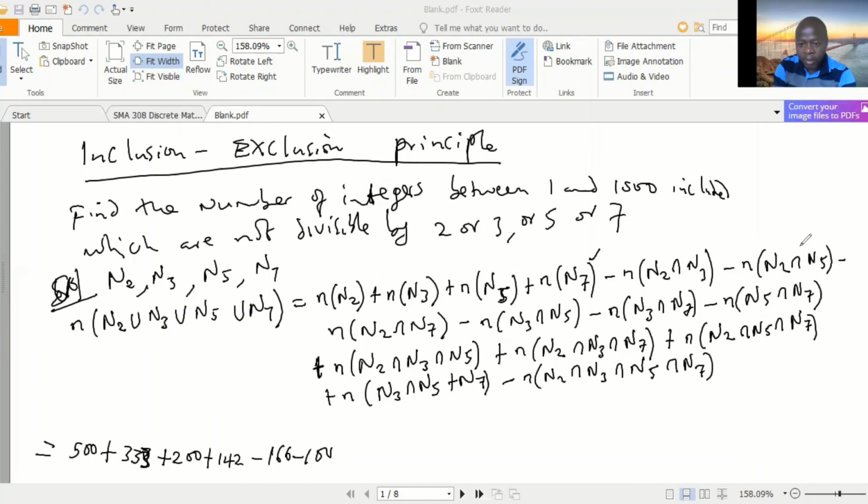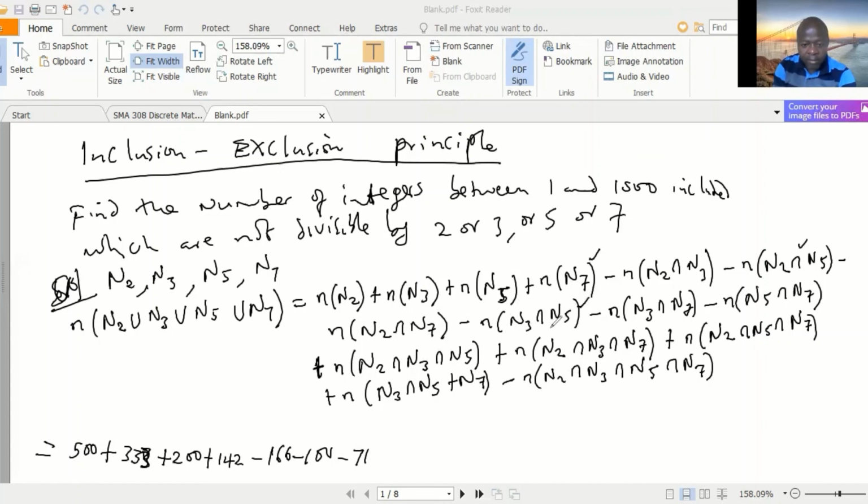And then 14 divided into 1,000, it's supposed to be 1,000 in all these questions. 14 into 1,000, use your calculator and get 71. And then this is 15.